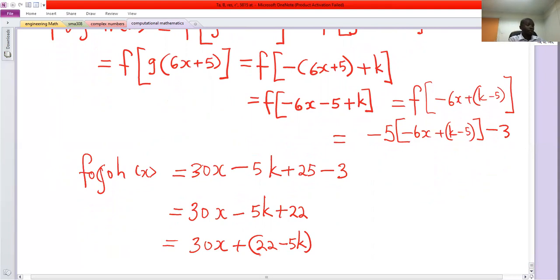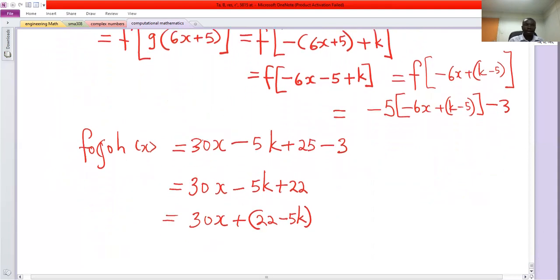And in the problem, we were told that this answer is equivalent to alpha x minus 18. So it means 30x plus 22 minus 5k is equal to alpha x minus 18.